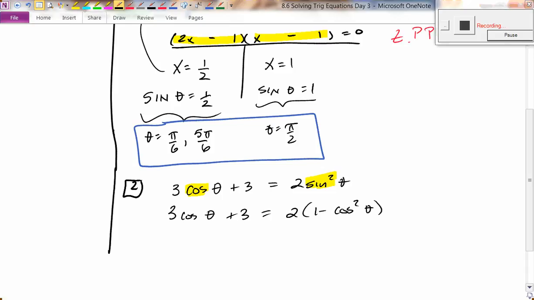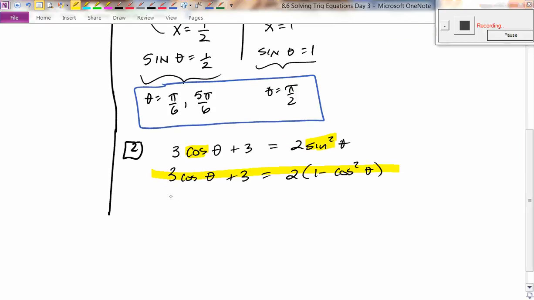Now my new equation contains only cosines, and that's good news for us. We want that to be the same, right? Then I'm going to do some distributing and combining like terms. So on the left-hand side, 3 cosine theta plus 3 equals 2 minus 2 cosine squared theta.